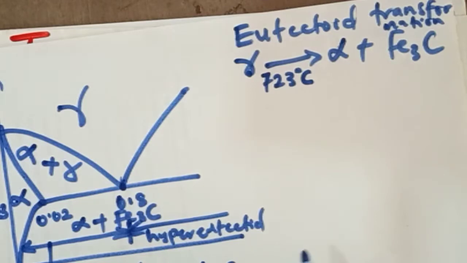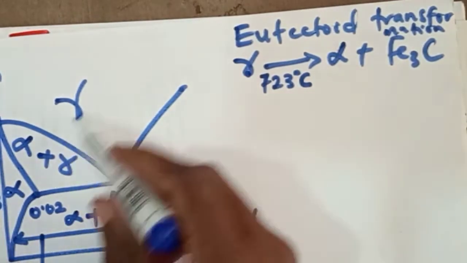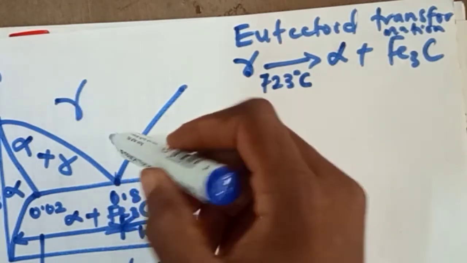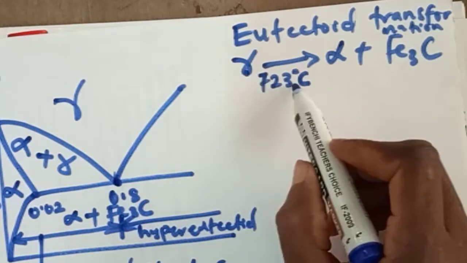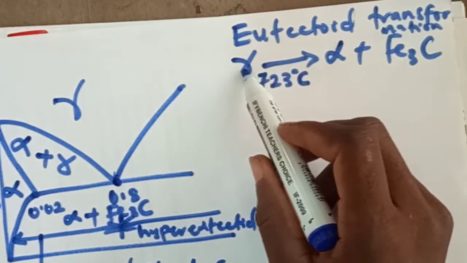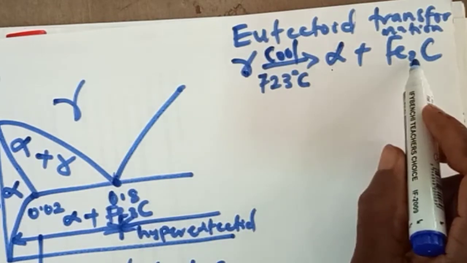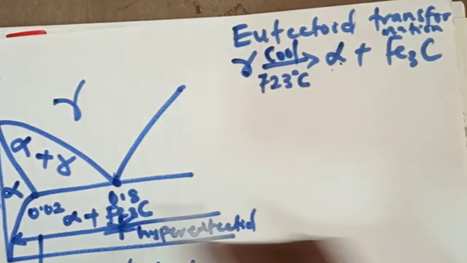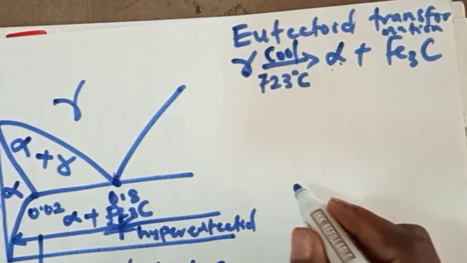So, what this phase diagram was able to tell us is what will be the transformation of austenite when it is being cooled through this eutectoid point. Of course, it tells us that at 723 degrees Celsius, when we cool down austenite, we are going to have alpha ferrite plus cementite. But this phase diagram does not tell us for how long.